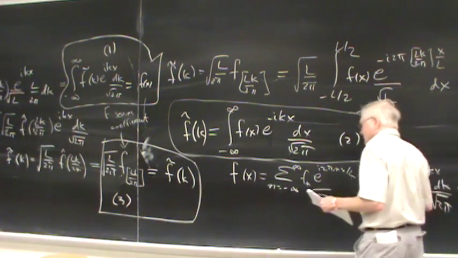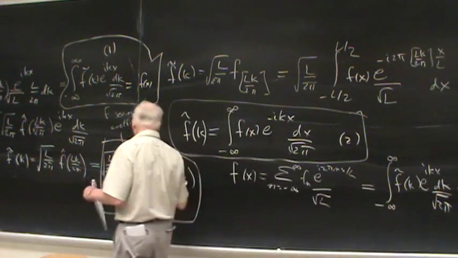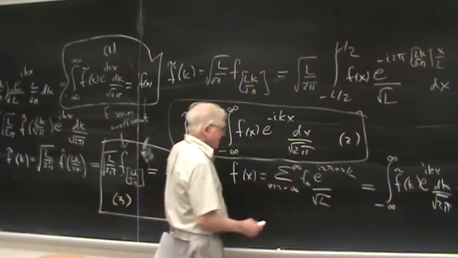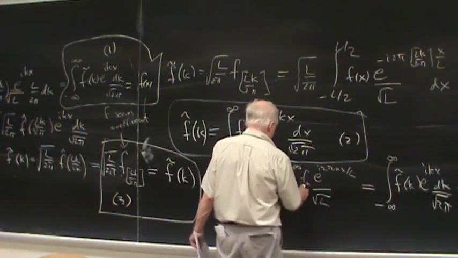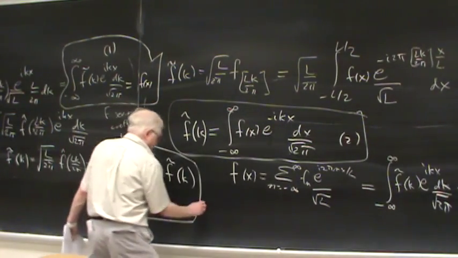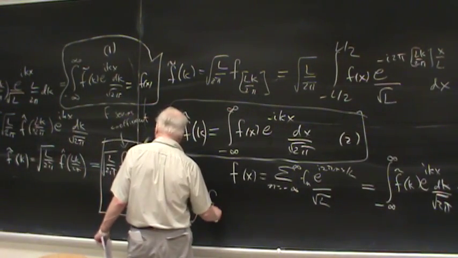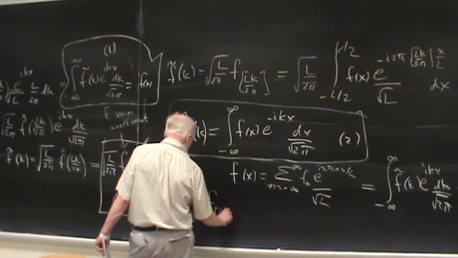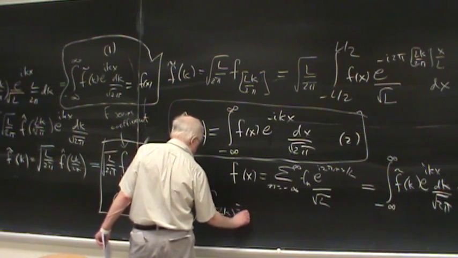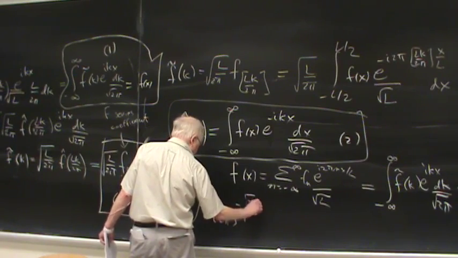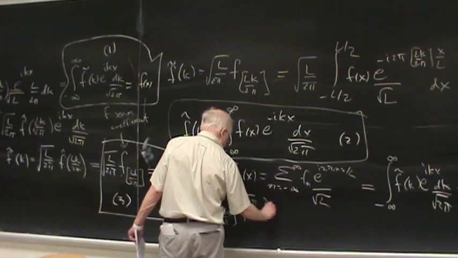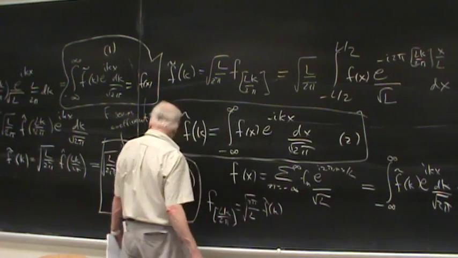Namely, if we have f tilde of k, so we actually have the Fourier transform function, then we can figure out what the series is by saying that f sub n, in other words, f tilde of Lk over 2 pi, is square root of 2 pi over L times f tilde of k.